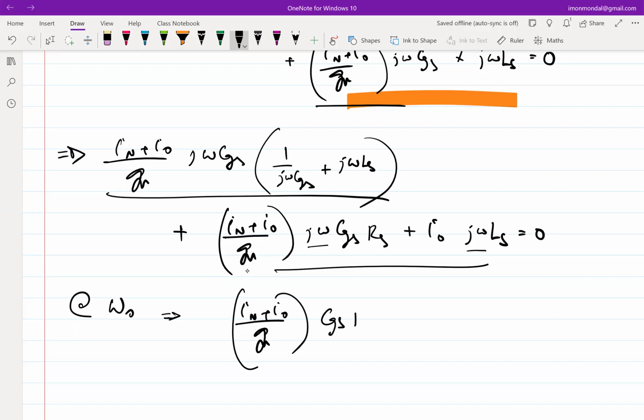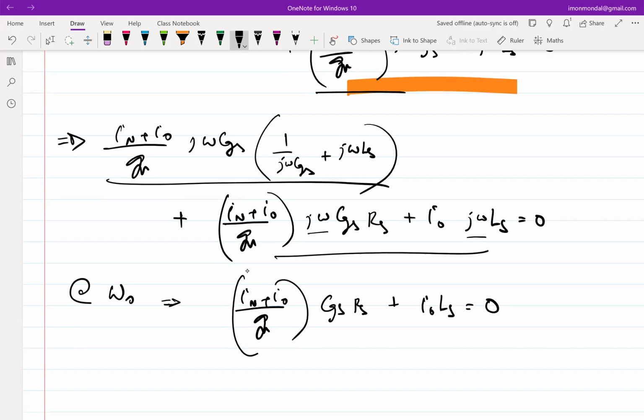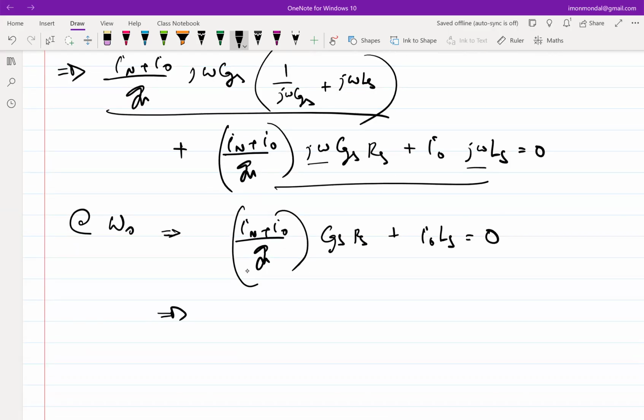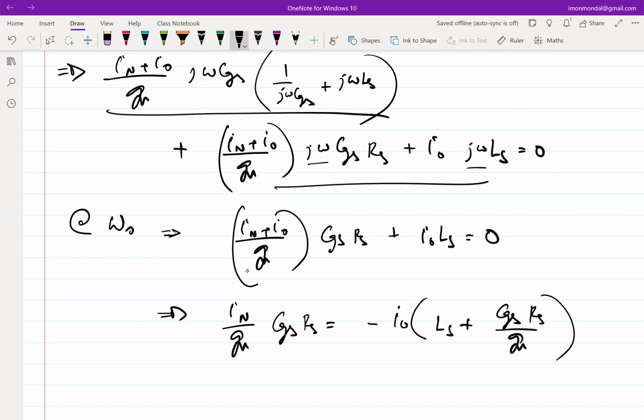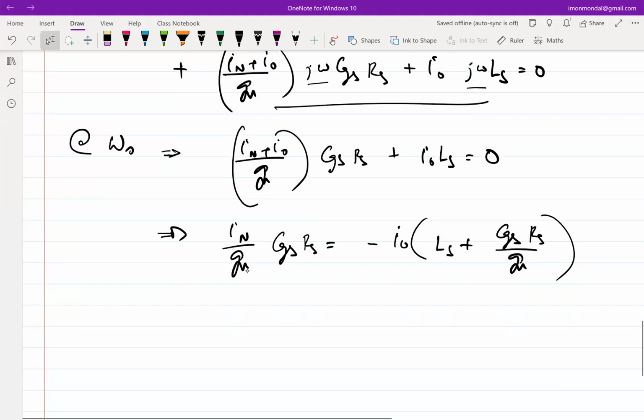So you get CGS times RS plus I naught LS is equal to 0, which means IN by GM times CGS RS is equal to negative of I naught LS plus CGS RS over GM, which means, fine.